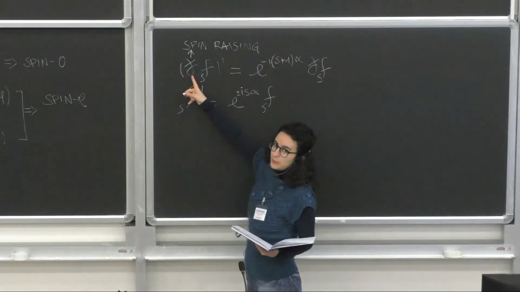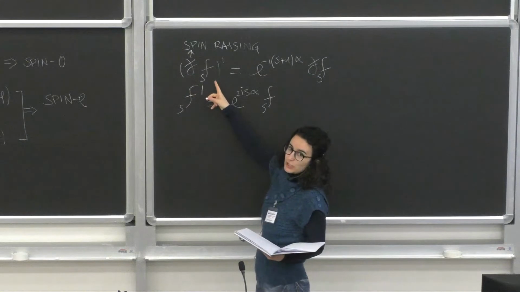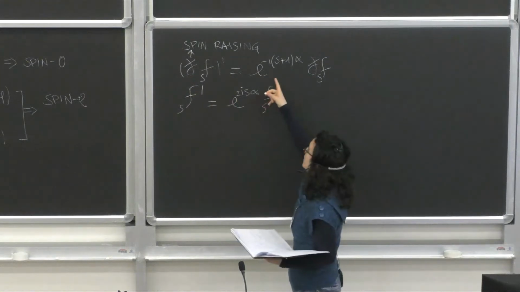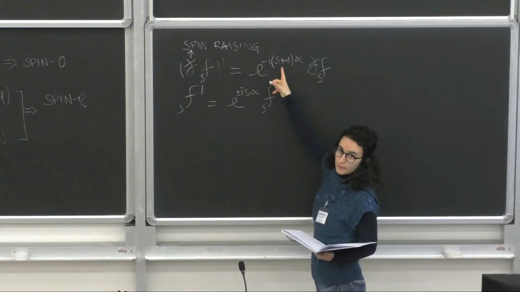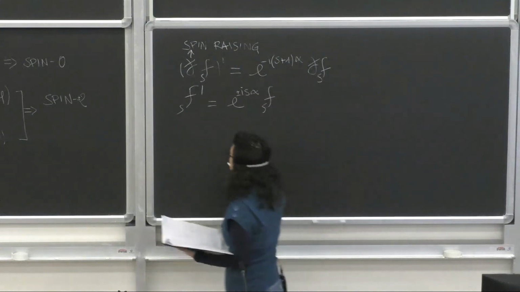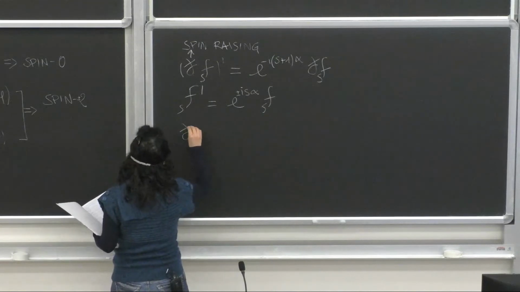So if you apply the spin-raising operator to such a function, then you are increasing by 1 unit the spin of the function. Similarly, we can define a spin-lowering operator.